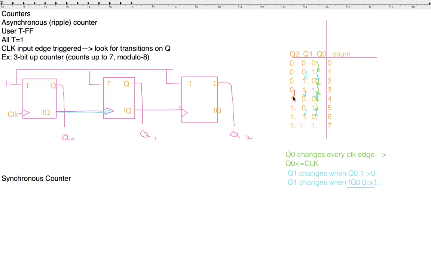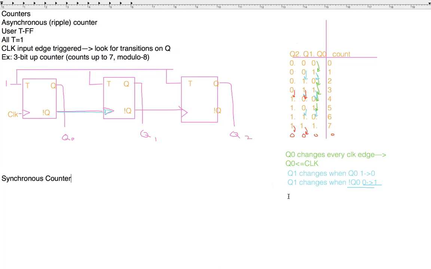Here it goes 0 to 1, and that's the one change we see. And if we were to start again, it would start at 0, 0, 0, correct? And this would be 0 here. And we notice Q1, that's when it goes 1 to 0, and then it goes 1 to 0 again. So looking at that state, let me write this here.